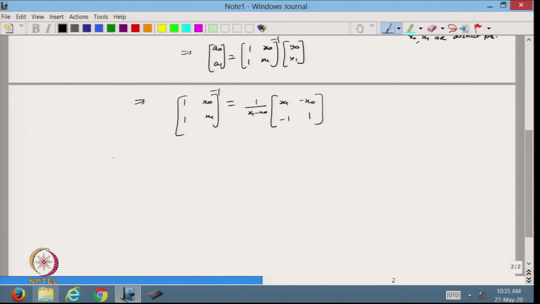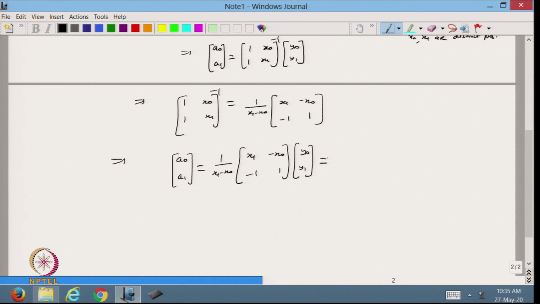Based on this I get my solution a0 and a1, which is 1 over x1 minus x0 times the matrix with rows x1, minus x0 and minus 1, 1, multiplied by y0, y1.